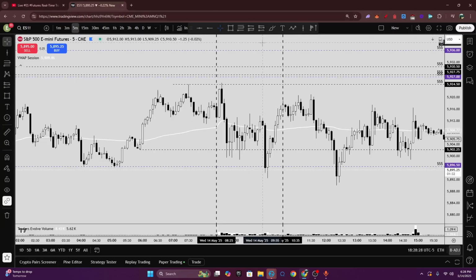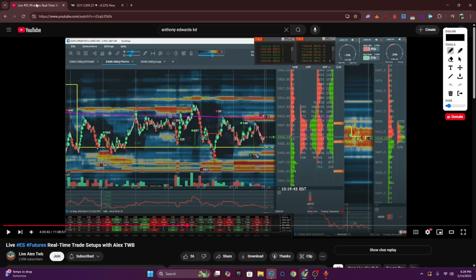But if I'm not mistaken, 5930 and 5945, we start to see that selling had to take additional significance because selling has been making lower highs and barriers are getting introduced.